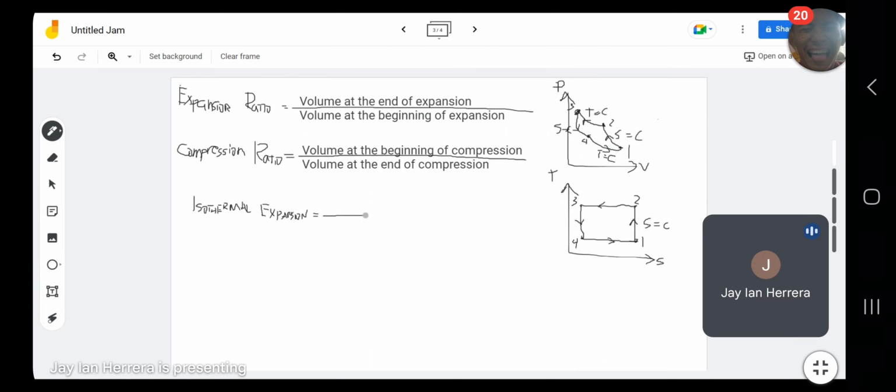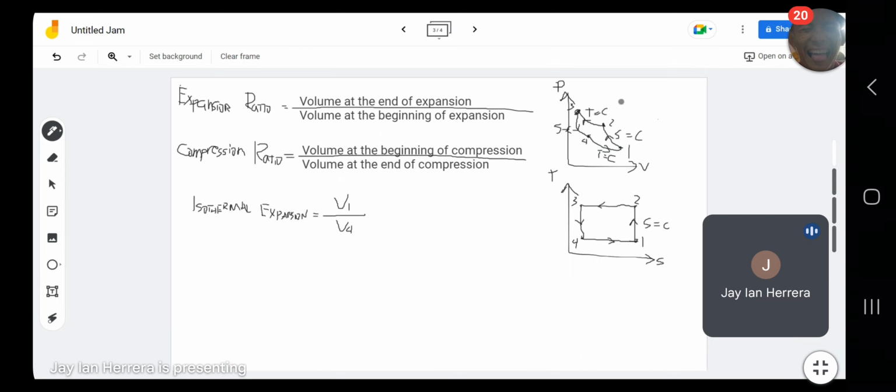So that is volume 1 all over volume 4. So mag-vary to depende sa kung saan nyo umpisahan cycle nyo. Kung dito nyo umpisahan yung cycle nyo, so dito magiging 1, 2, 3, 4. So, magiging ang isothermal expansion nyo in that case is V3 all over V4, or V4 all over V3. So, at the end of expansion, that is V4 over V3.